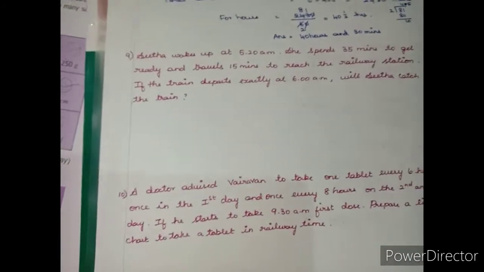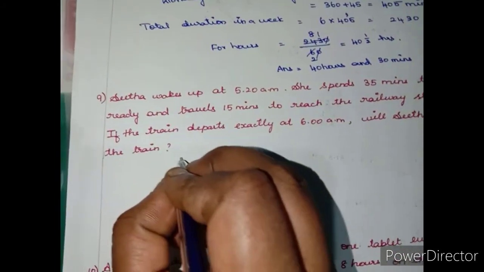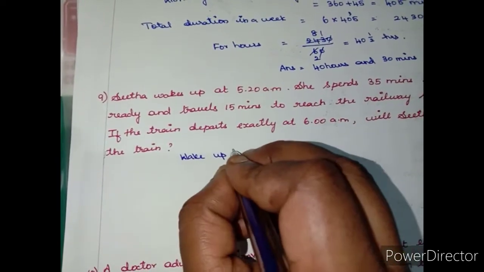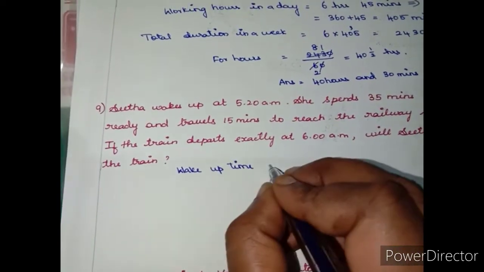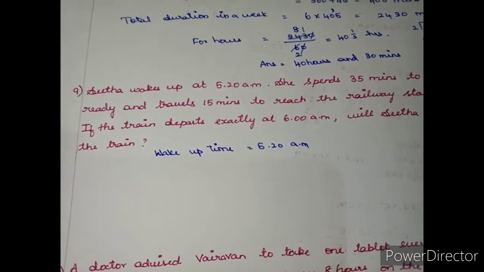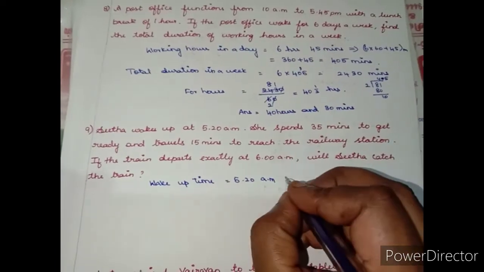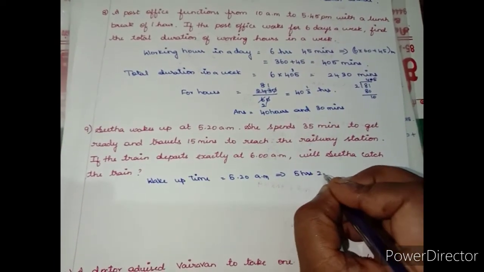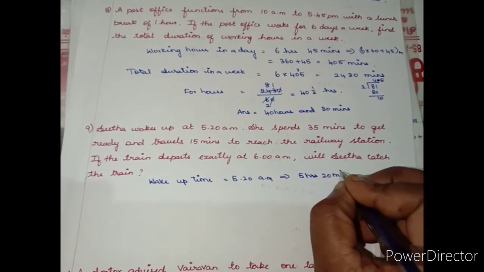So we have to write: wake up time is 5:20 a.m. That is 5 hours 20 minutes.